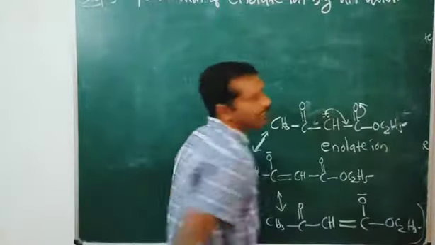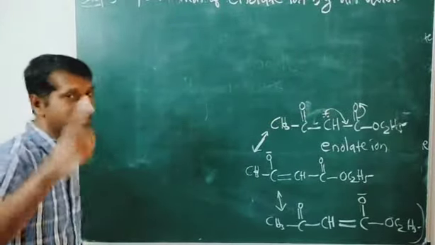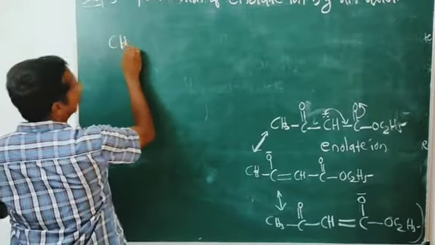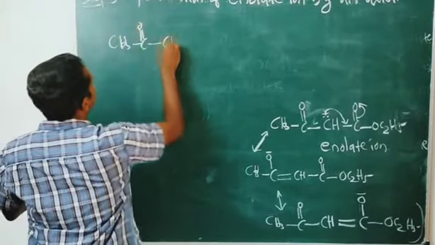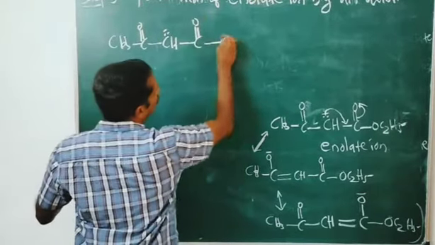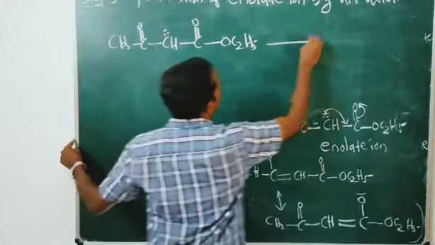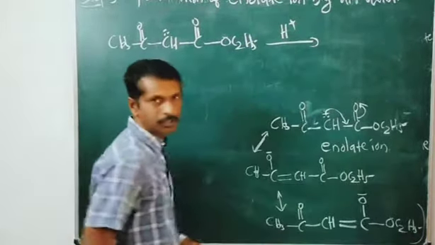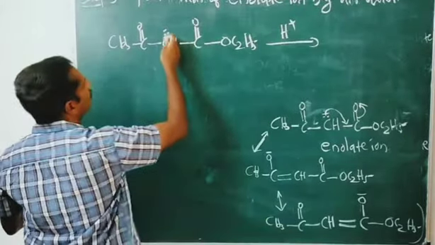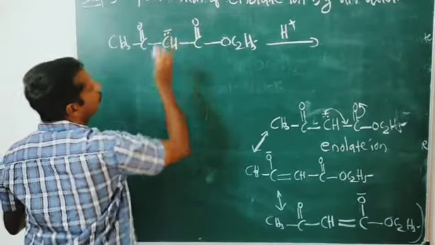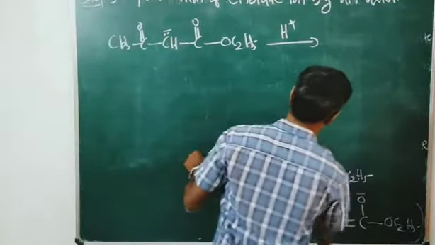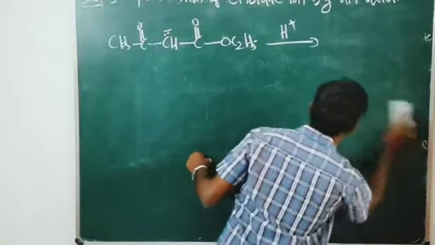As I told you, the last one is acidic hydrolysis, H3O plus. So in the last step, this enolate ion, CH3, C double bond O, CH with a pair of electrons, and C double bond O, OC2H5, is protonated by our acid H plus. That means this H plus is attacking this negatively charged carbon, and we get back our ethyl acetoacetate.